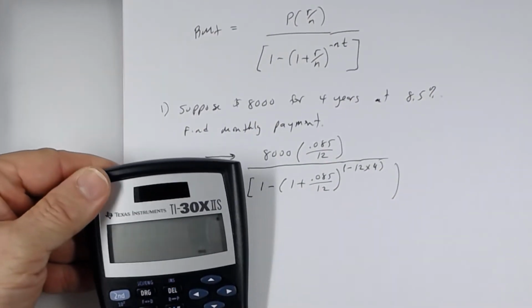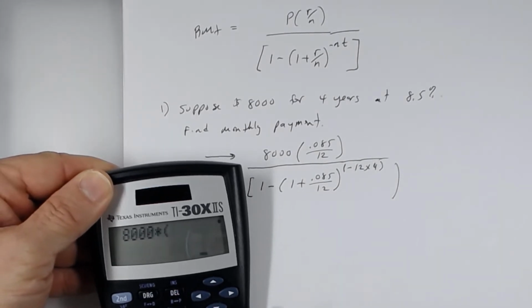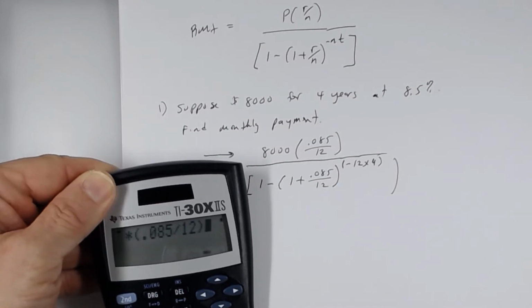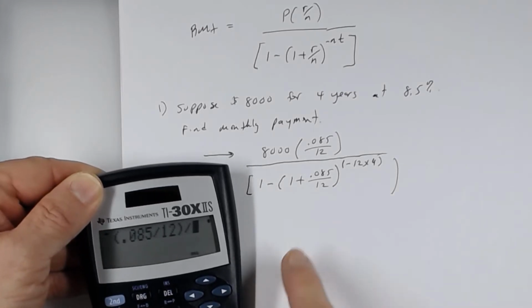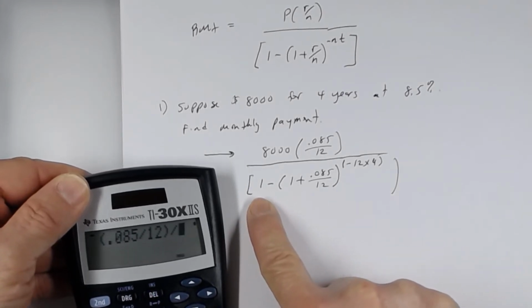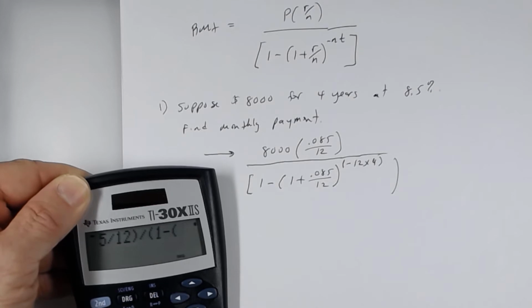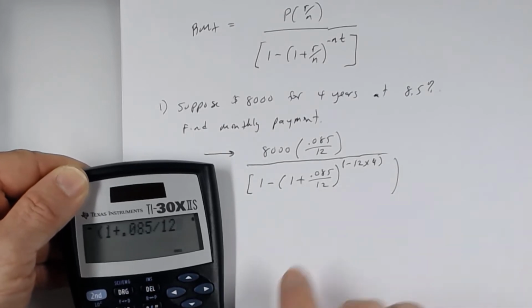8,000 times, in parentheses, 0.085 divided by 12, close the parentheses, and then divide by, bracket, we're going to use parentheses, open parentheses, 1 minus, open parentheses, 1 plus 0.085 divided by 12, close the parentheses.